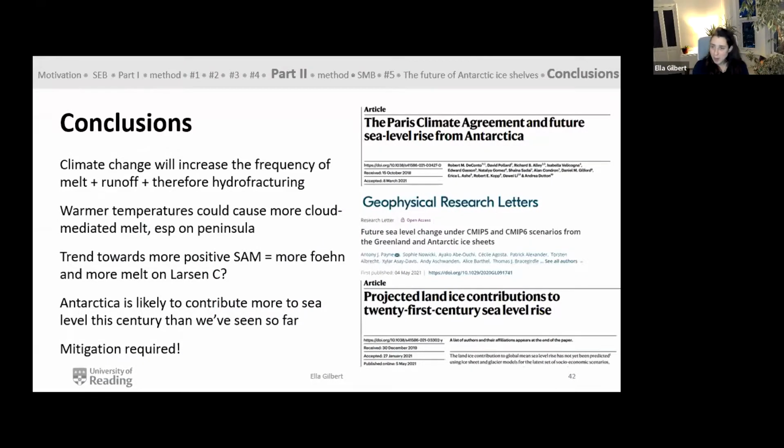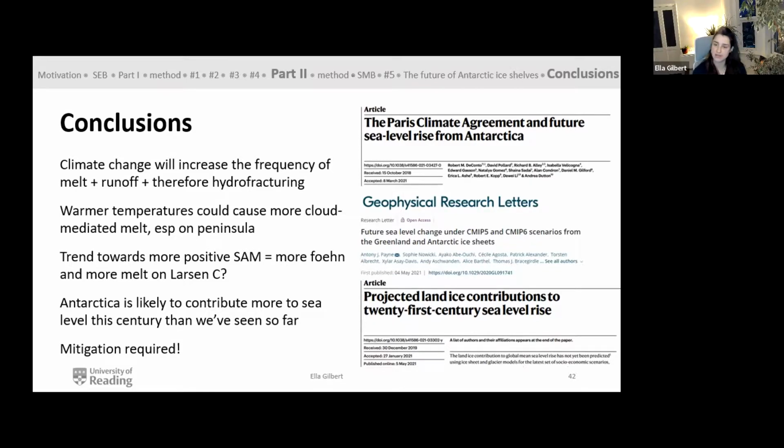So to sum up the whole talk, atmospheric processes are driving melt over ice shelves on the continent, and that's really important as a driver of melting across ice shelves. And climate change has the potential to alter which of these is important.